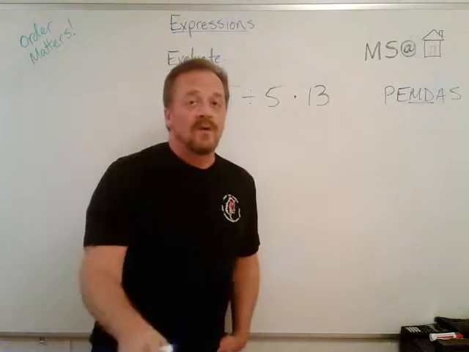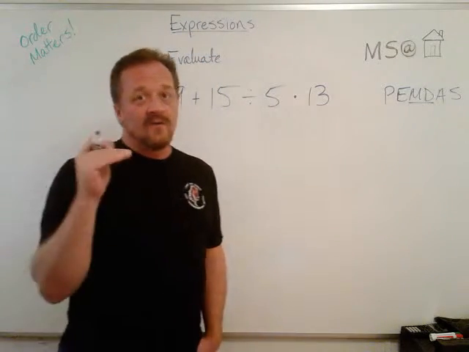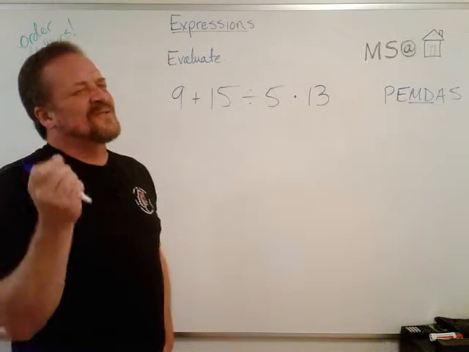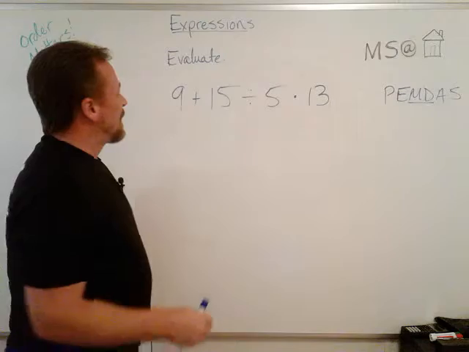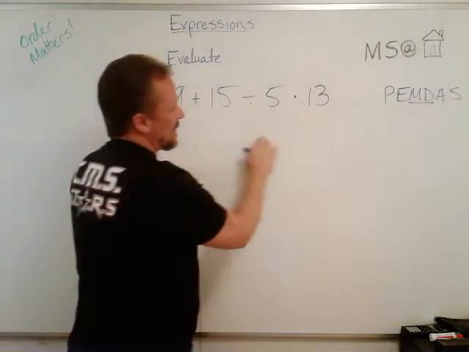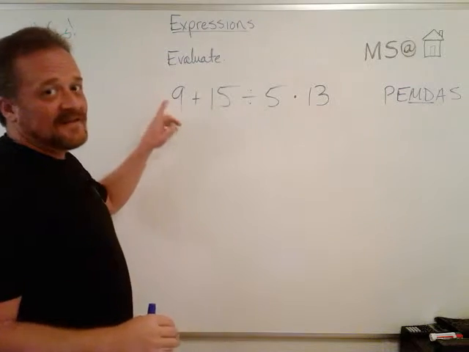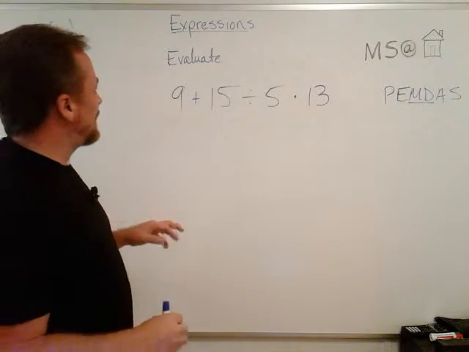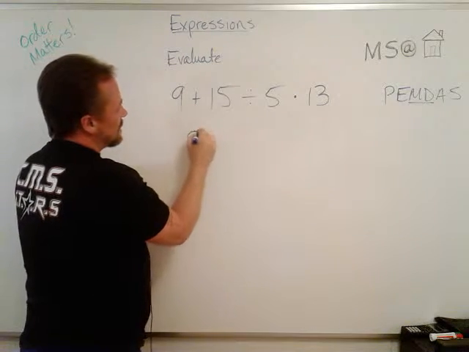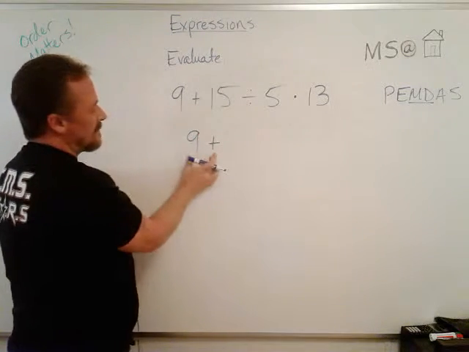It's very important to stay organized when you're doing order of operations, when you're evaluating numeric expressions. Trust me on this, guys, okay? Anything you don't change, you're going to want to rewrite on the next line. Am I doing anything to that 9? I'm not. So I'm going to rewrite it, okay?